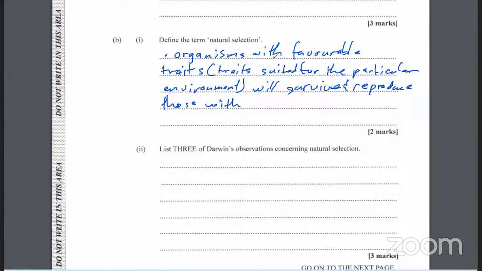However you want to put this in your own words, just remember that some organisms will have favorable traits and survive, and the ones with unfavorable traits will not survive in a particular environment.